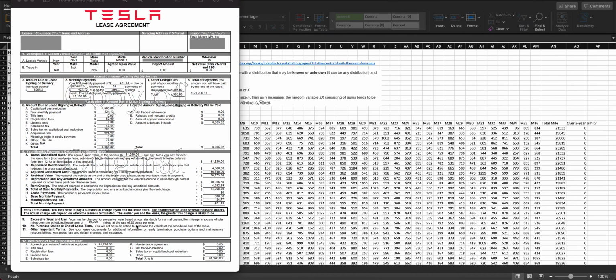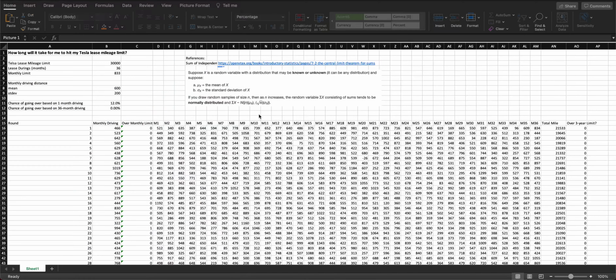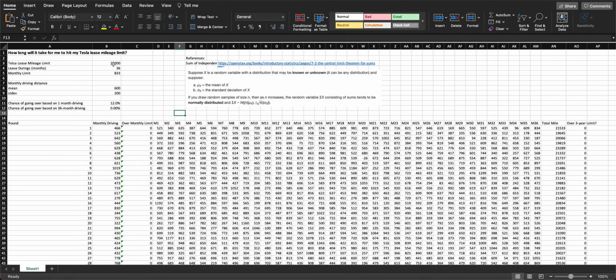Today I'm going to use an Excel spreadsheet to illustrate an interesting statistical aspect of such mileage behavior. It's a very simple setup. Say the mileage limit in the 3 years is 30,000.